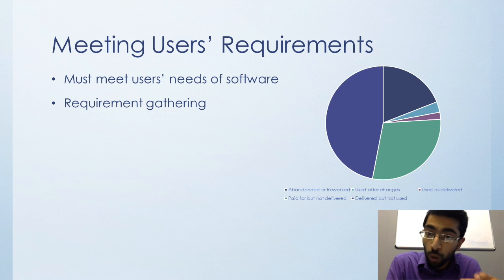And we need to understand, why is this the case? Another large percentage is taken up by stuff that is paid for but not delivered. Again, this is another aspect of software engineering which has to be looked at in depth, to see why software is not actually being delivered to the clients.